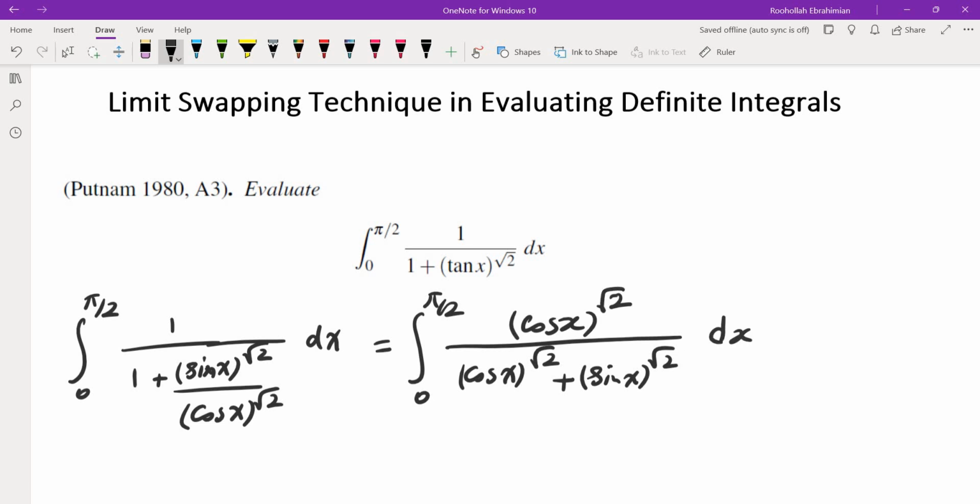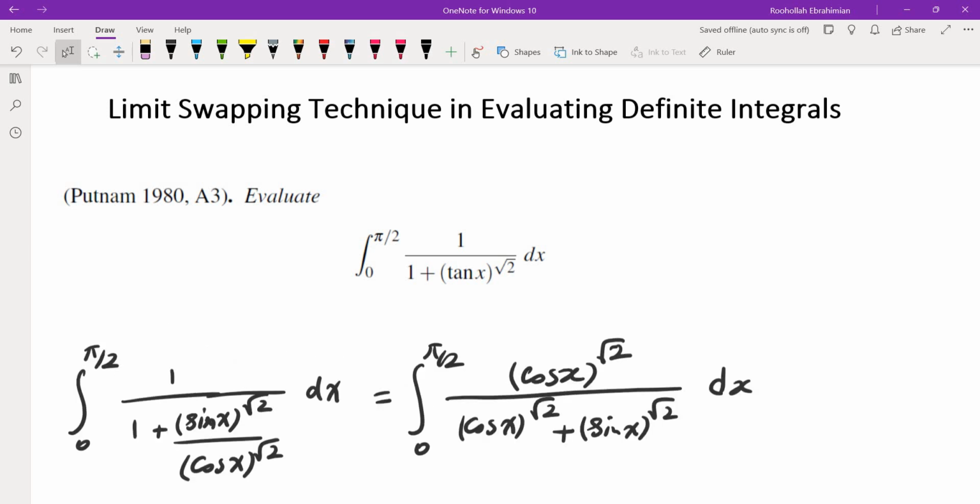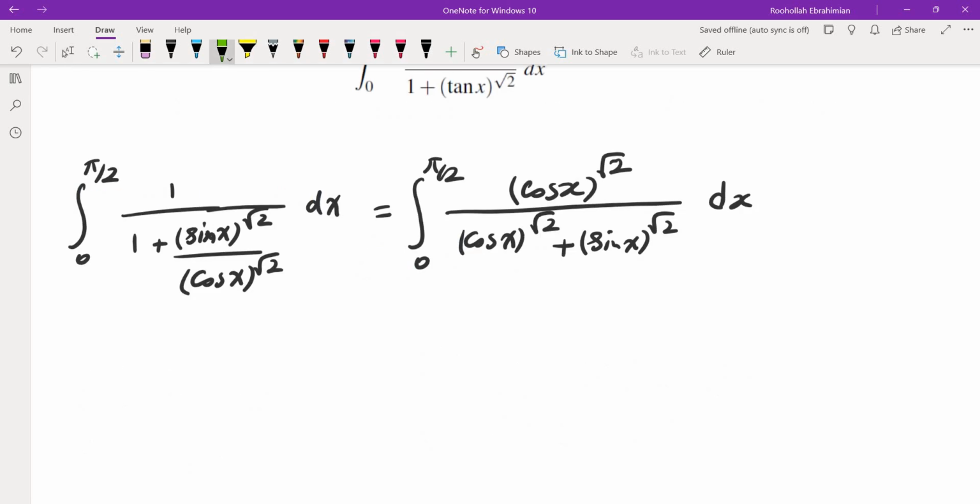So here's the idea of the limit swapping technique. Sometimes people call this a specific type of limit swapping the king property. We're going to use a u substitution that swaps the limits of integration. In other words, I am looking for some u that when x is 0, u is pi over 2, and when x is pi over 2, u is 0.